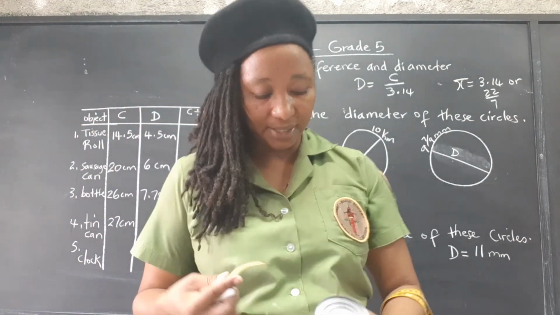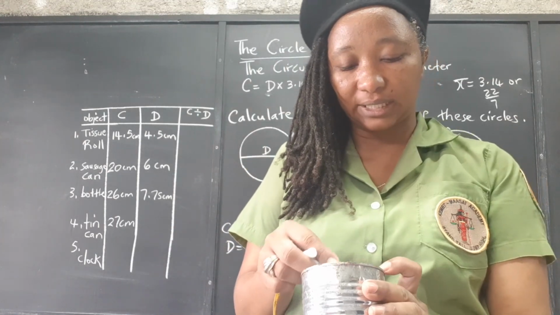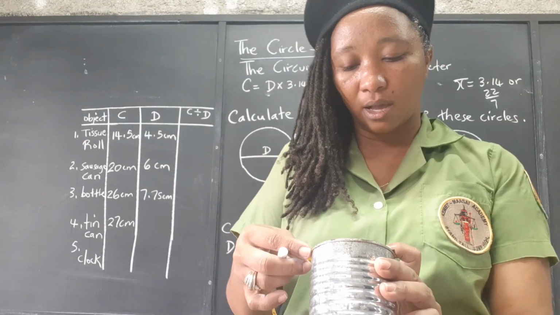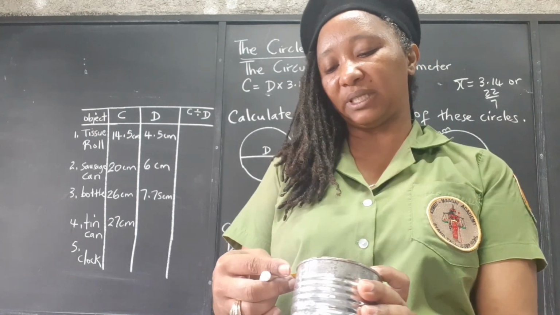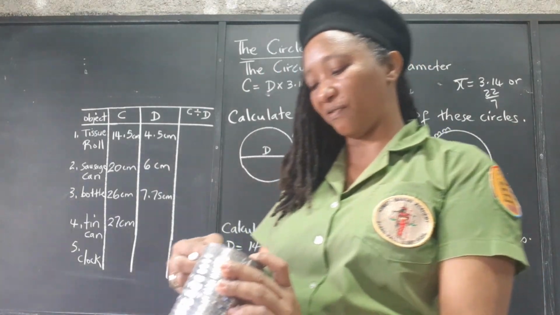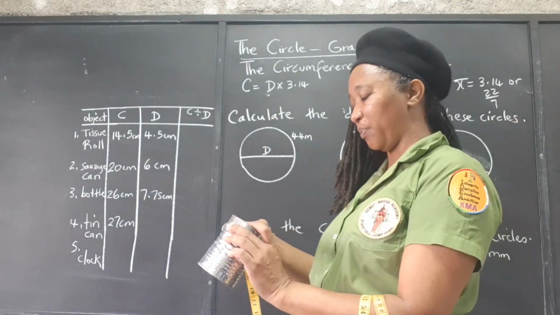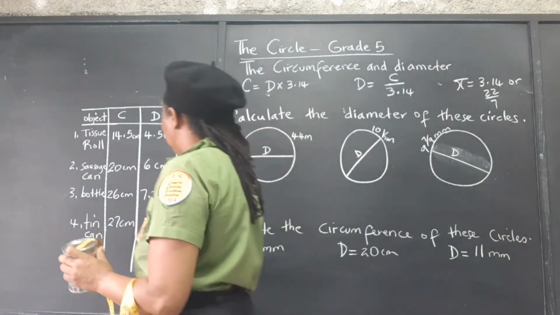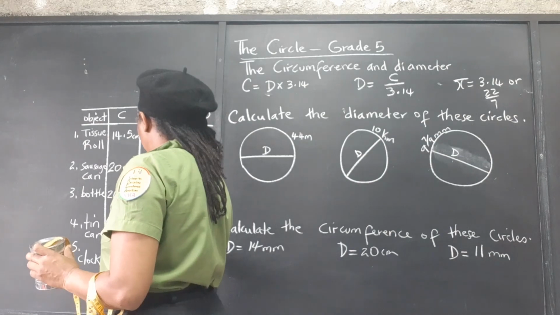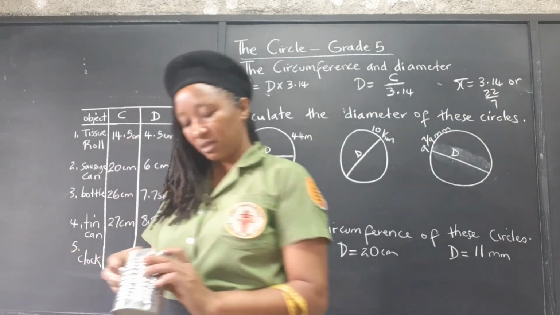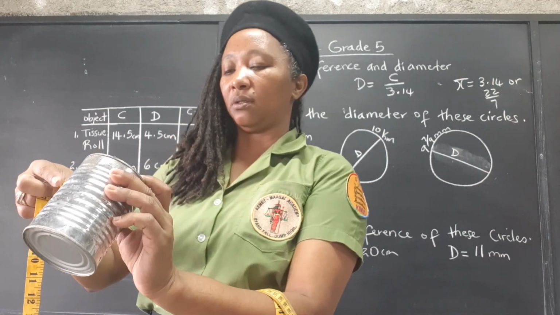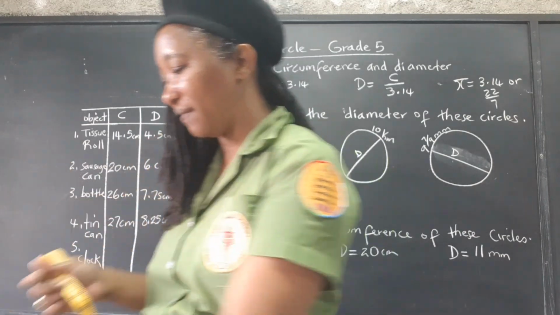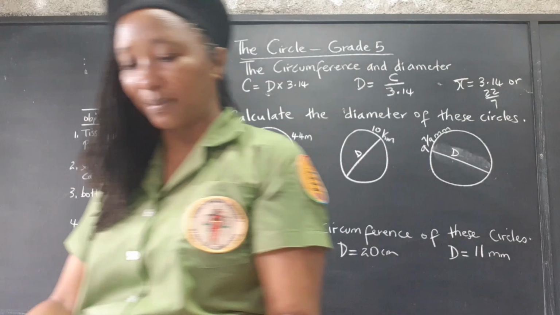And the diameter now, the distance across it, is about, I would say, 8.25 roughly. These are estimates. Even though I have the measuring tape, some parts of it I still have to do a little estimation.